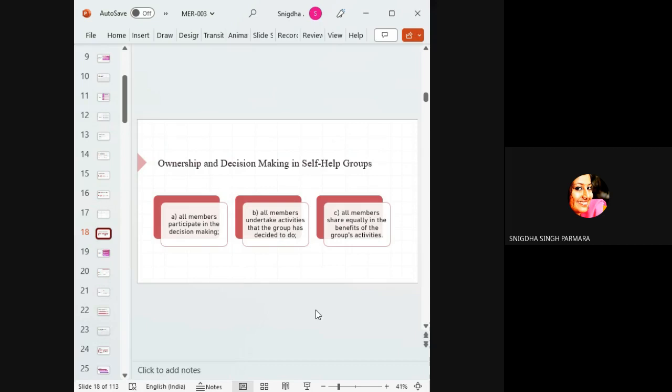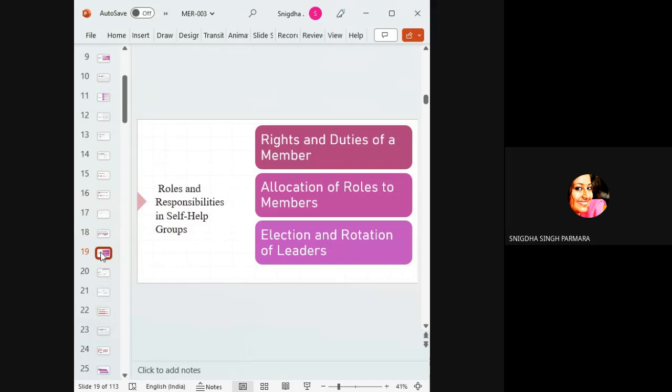All members undertake activities that the group has decided to do, and all members share equally in the benefits of the group activities. There's no discrimination. There's no upper hand of anybody. There is no dominance of a particular person or a particular group. So, in the self-help group, everyone participates in decision making, everyone shares the benefit equally, and everyone adheres to the activities decided to be undertaken by the group.